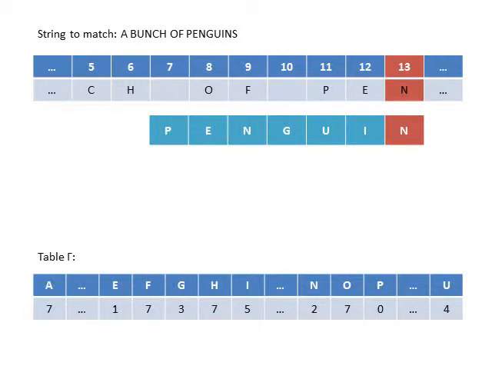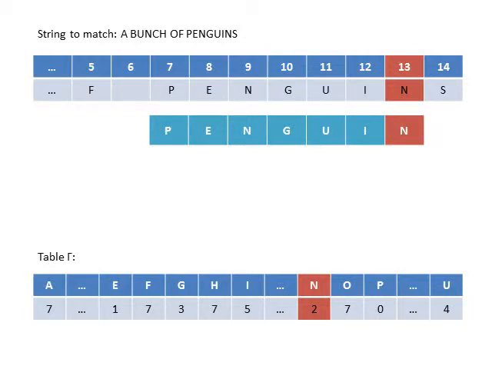In this case, the letter is N, and it does match, and so we can move on to the previous letter. This would be E, and E is obviously not I. However, E does exist in the word penguin, and so we shift our word penguin up so that it's aligned, which is easily done using the alphabet table.